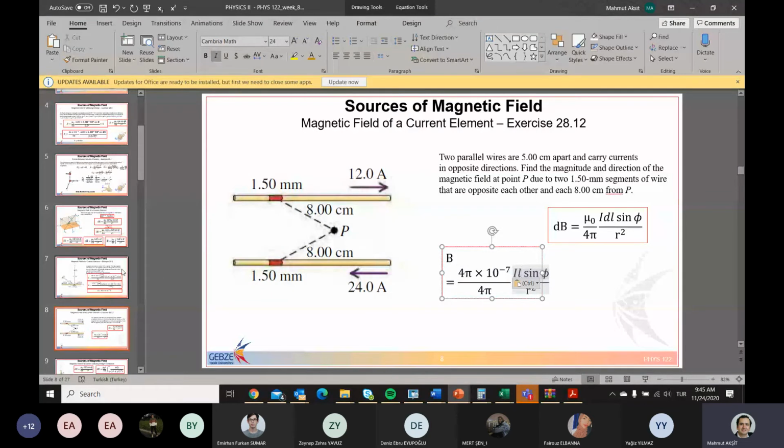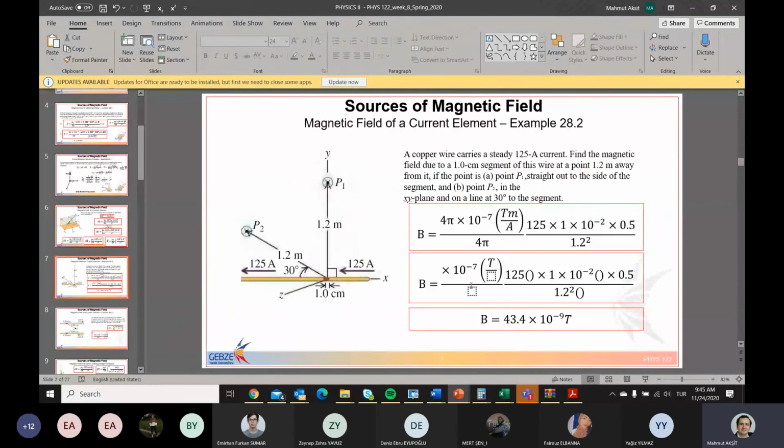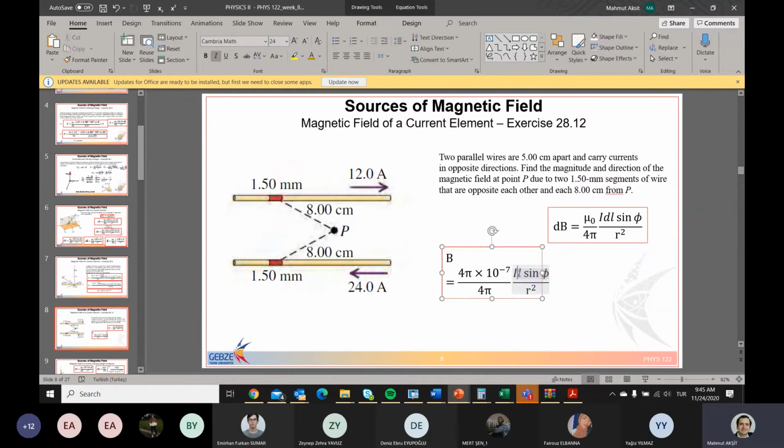The length is, let's grab something for length. Length is 1.5 millimeters, 1.5 times 10 to the minus 3. And the sine phi is, the angle here.